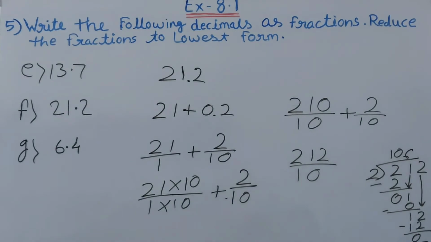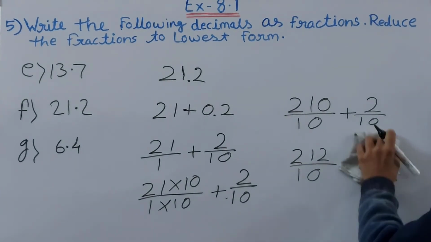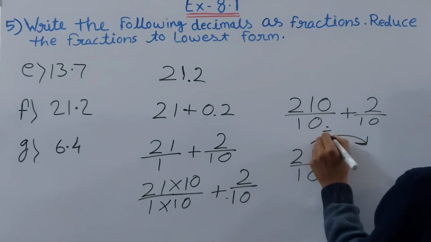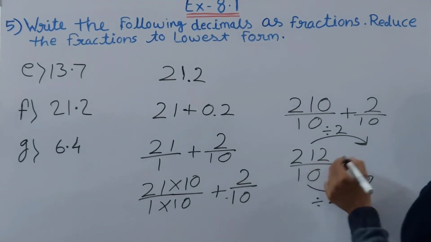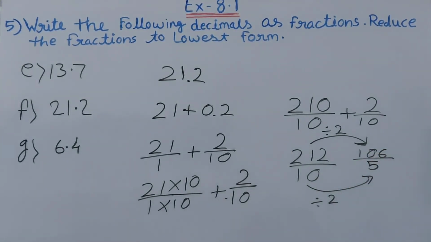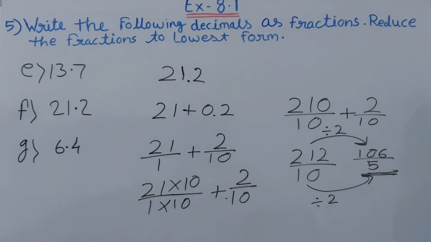So that means 212 goes 106 times by 2, and 10 we all know it goes 5 times by 2. So this becomes 106 upon 5, and there is no other common divisor, I think. So that means this 106 upon 5 is the final answer.